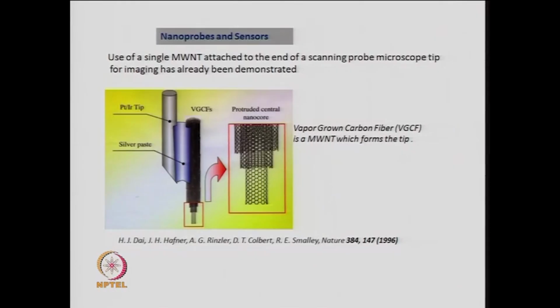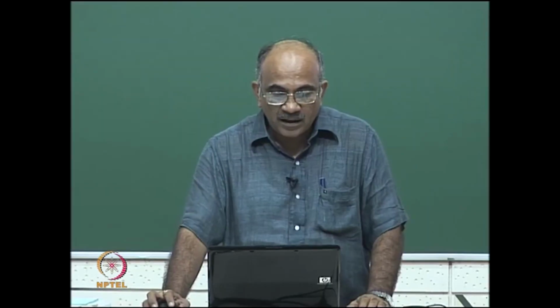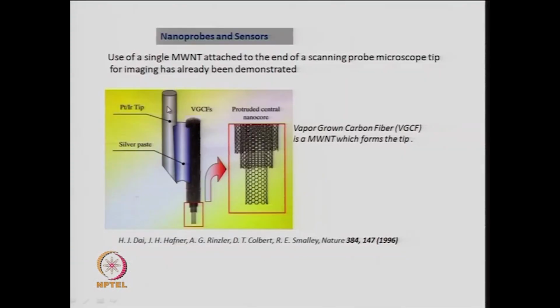In all scanning probe microscopes today, you have a tip, and that tip can be made of many metals, like platinum or iridium, which is found in most scanning probe microscopes. Now, if the diameter of this tip is small, it is better for you because you will have much higher resolution.